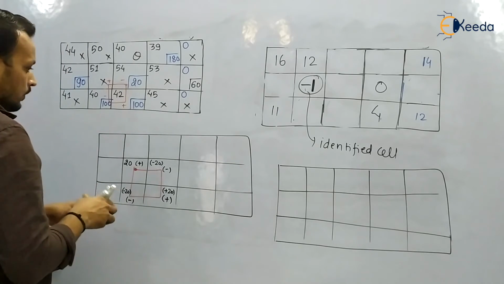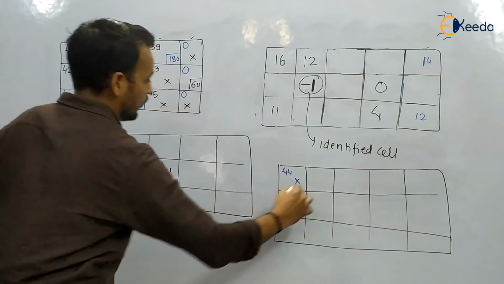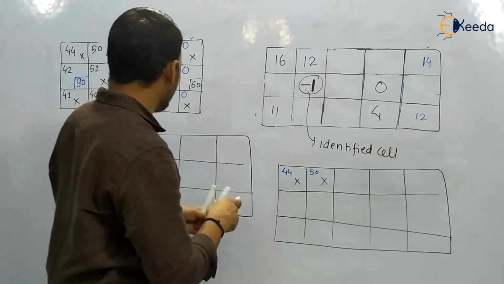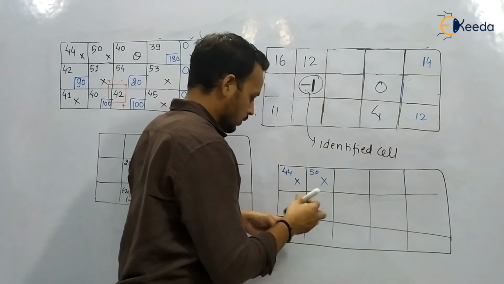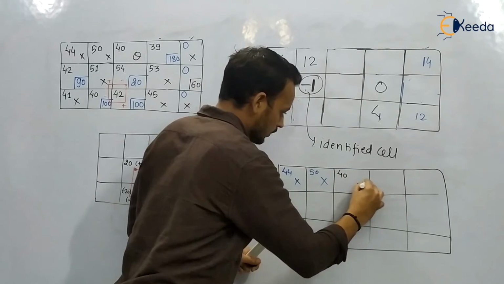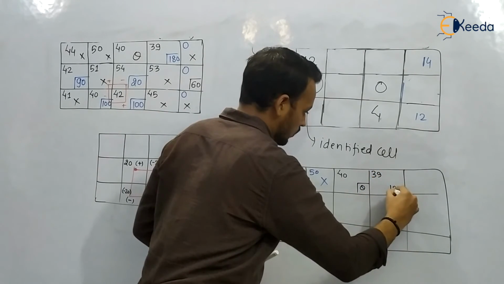We will write it: 44 nothing, 50 nothing, 40 theta. Okay, 40, the value was theta. 39, 180.